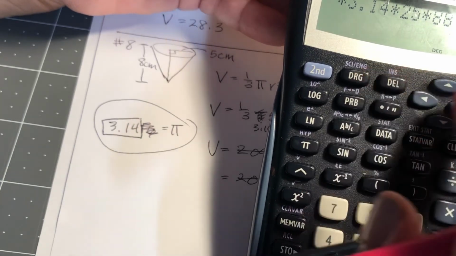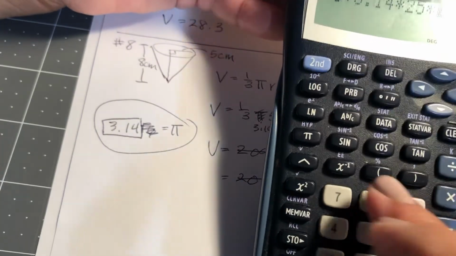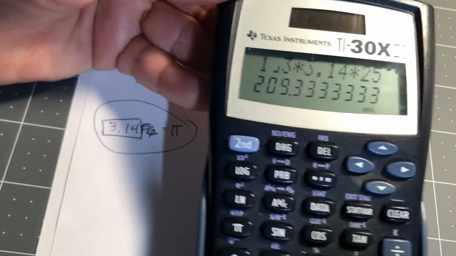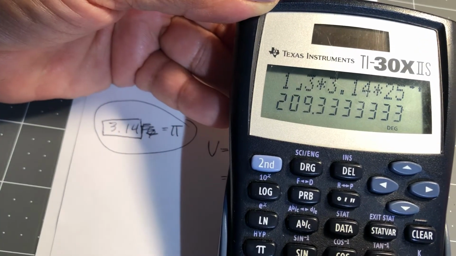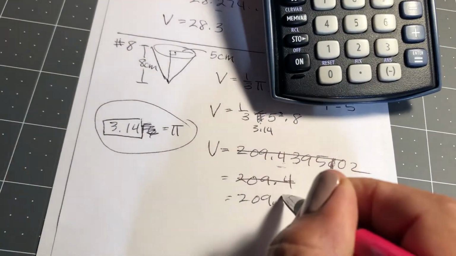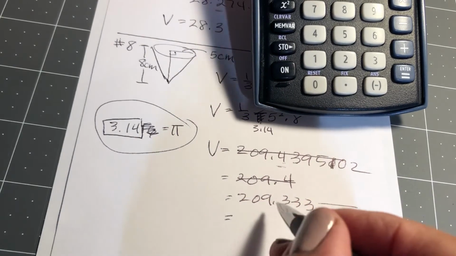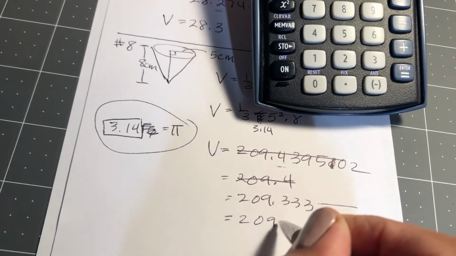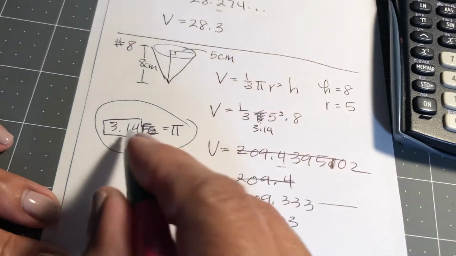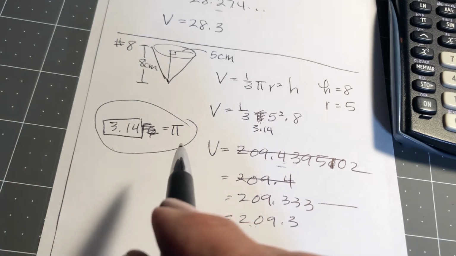Right? Okay. And I got 209.33333. So that would equal 209 point, and so on. But since we're rounding to the nearest tenth, it would be 209.3. And that's what your book says. So use the 3.14 when you're doing your calculations.